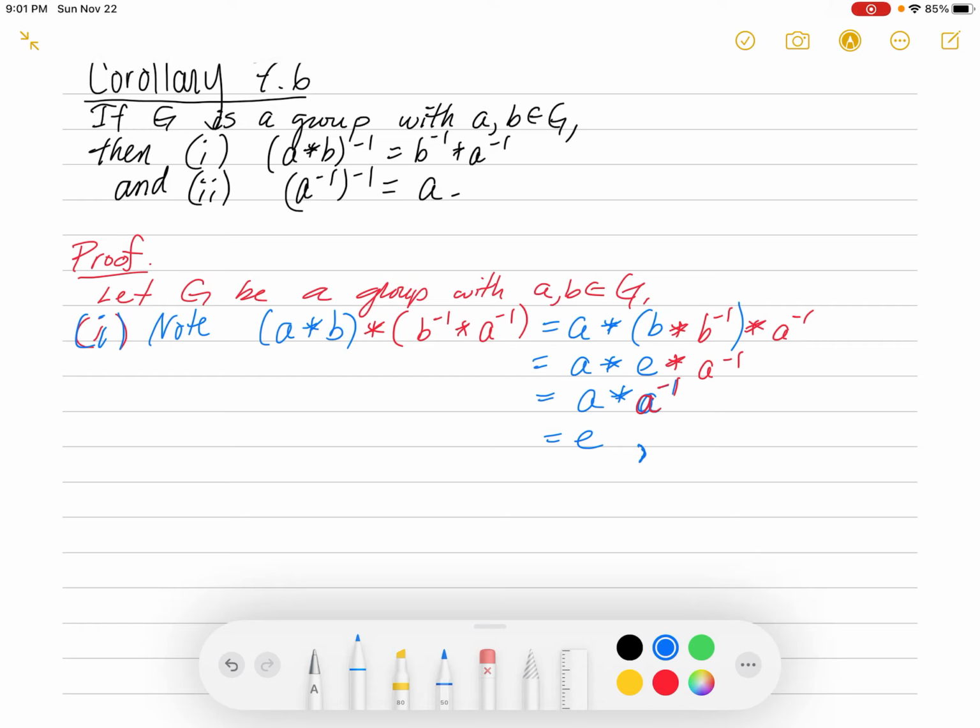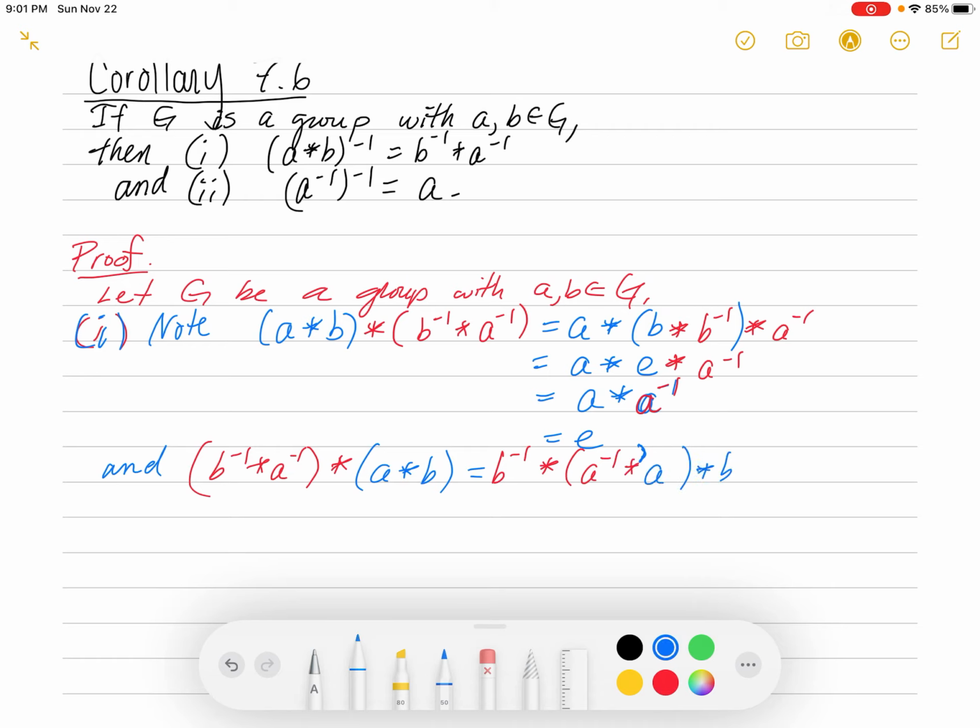Let's see if we can star AB on the left by B inverse A inverse. So I'm going to take B inverse star A inverse, and I'm going to star on the left of AB. So I'm going to rearrange things. I'm going to leave B inverse alone. I'm going to move the parentheses around A inverse star A in the middle.